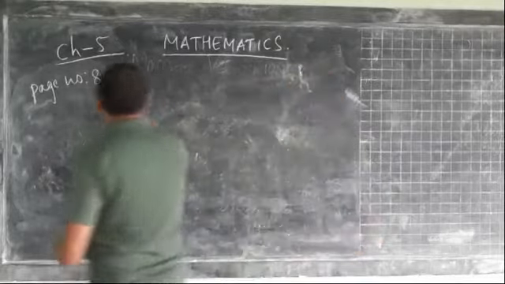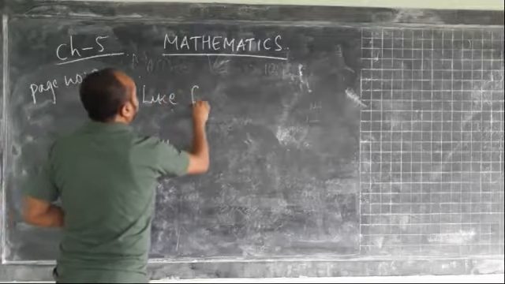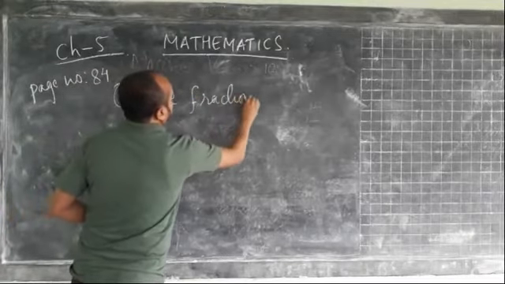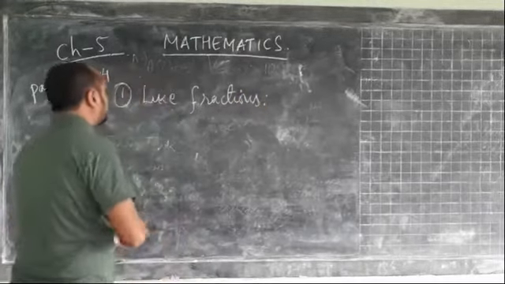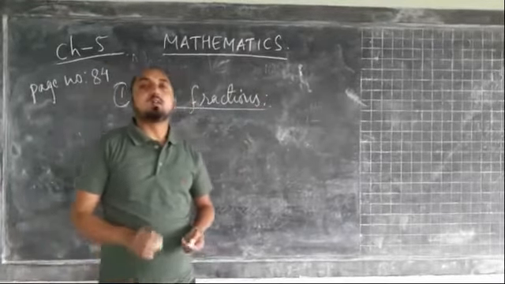So first one we have like fractions. Number one we have like fractions. So what type of fraction is called like fraction?